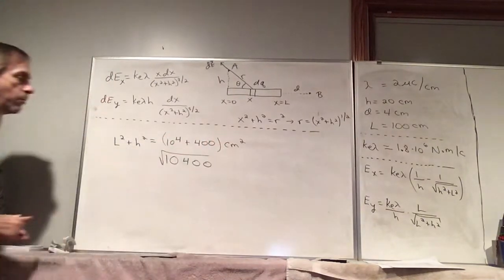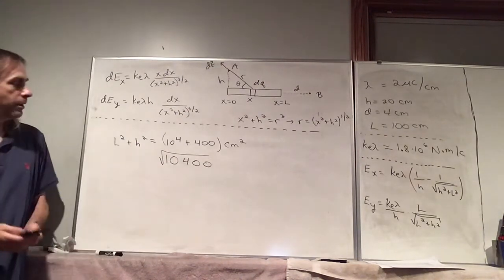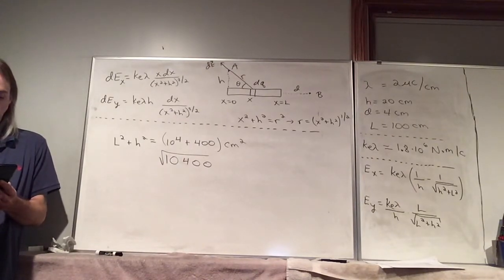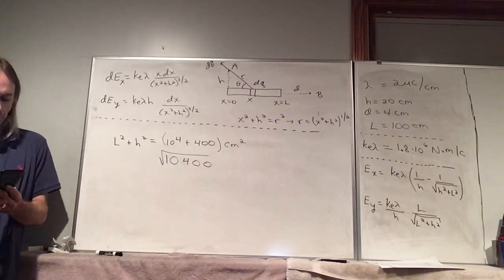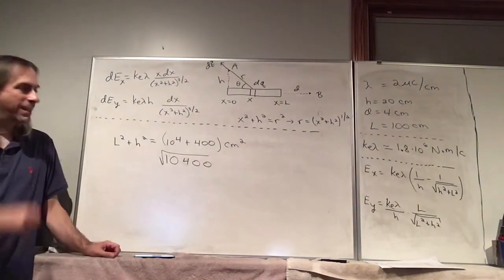Now we might get somewhere. Well, it's still going to be fairly close to 100 when we take the square root. But let's see what we get numerically. Yeah, it's 101.98.